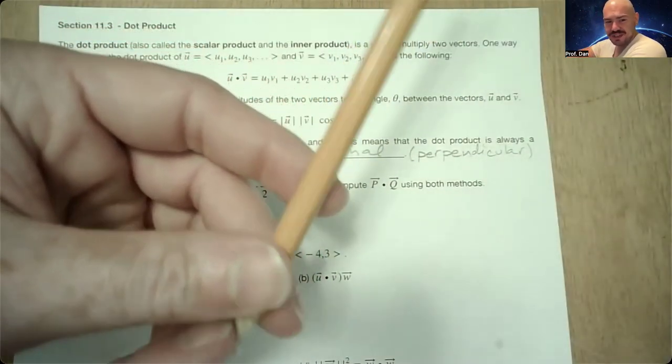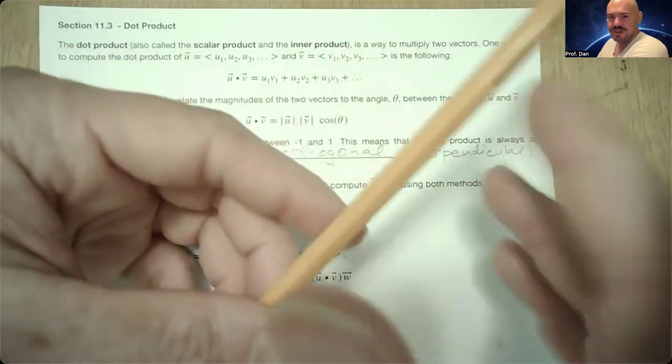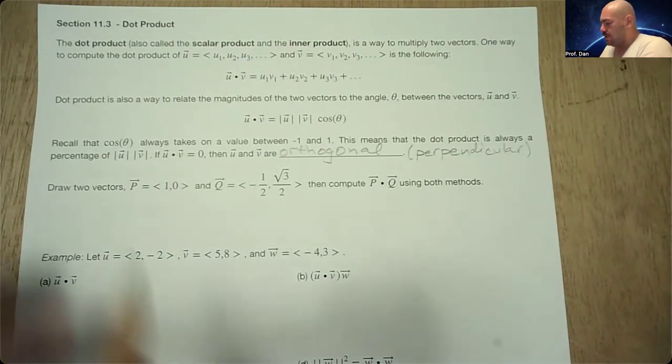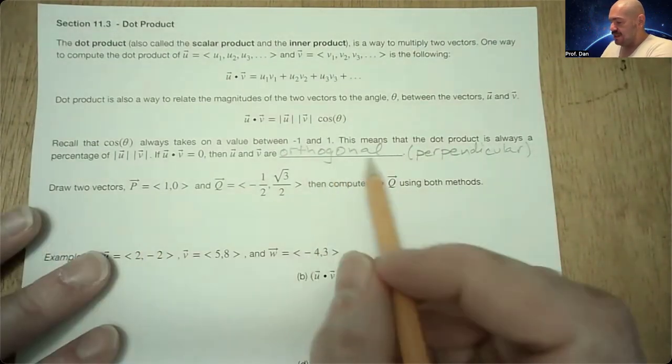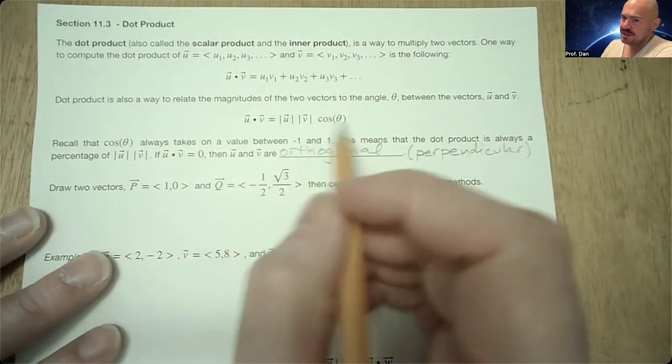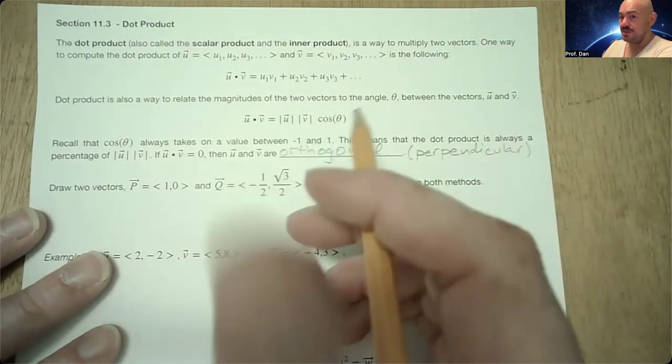Any vector along that circle would be perpendicular to vector pencil. Yeah, so orthogonal is the word that we use generally. Right, and remember that means that the angle between them is 90 degrees, and that tracks because what's cosine of 90 degrees? 0.